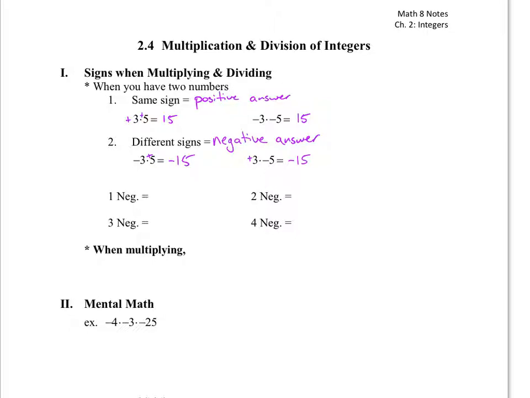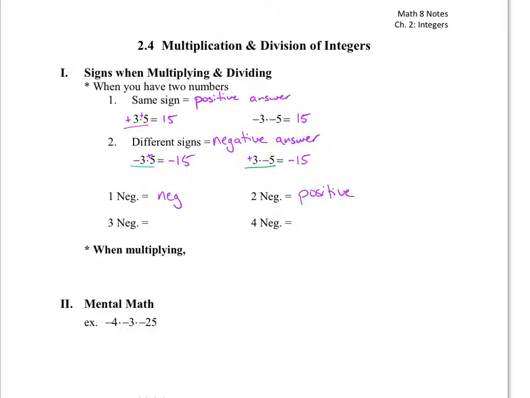So now let's think about this. If I have one negative, so that's my second example here, one negative, one positive, you're always going to get a negative answer. If you have two negatives, so that is my first example, you're always going to get a positive answer. If you have three negatives, so if I were to take my positive 3 times negative 5 gives me negative 15.